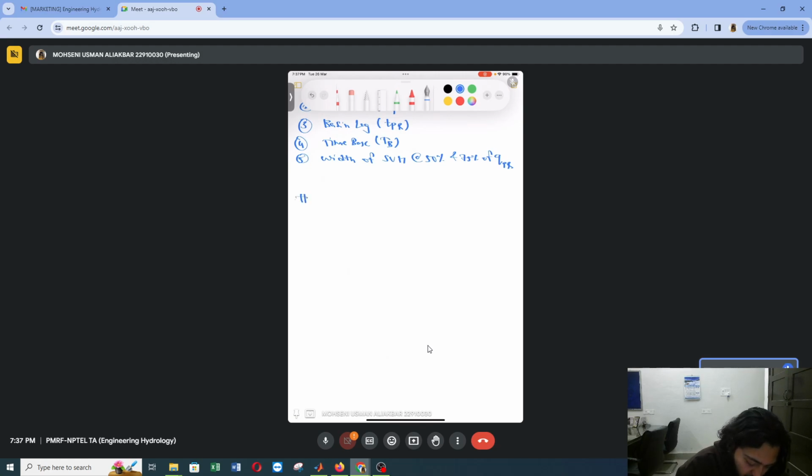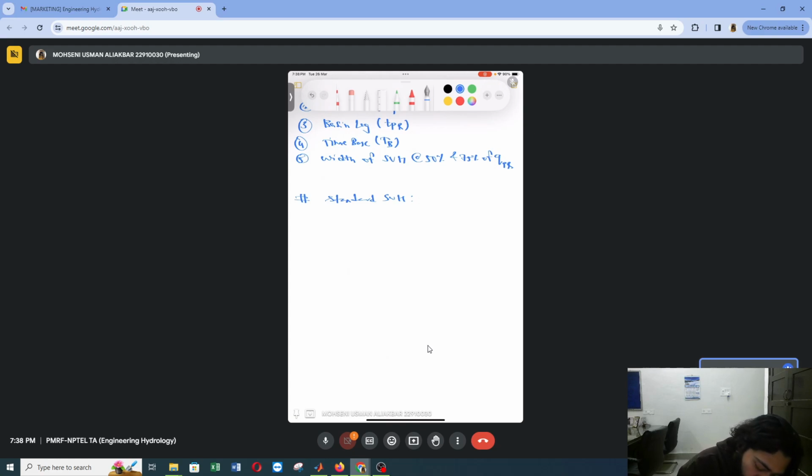Now let us talk about the standard synthetic unit hydrograph, SUH. So when can we say that a particular synthetic unit hydrograph is a standard synthetic unit hydrograph? There is a relationship, and if this relationship is satisfied, we can say that the particular synthetic unit hydrograph is of a standard type.